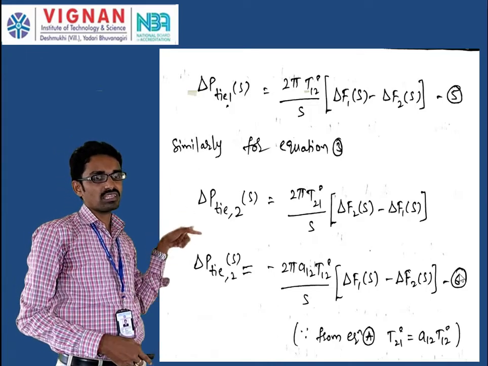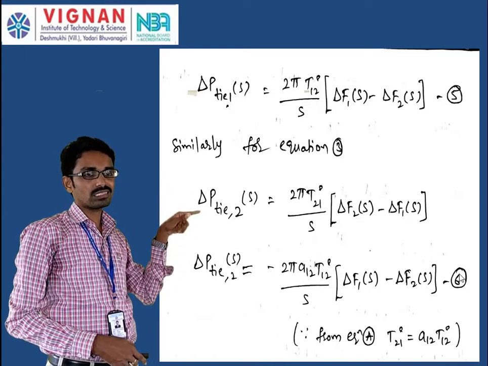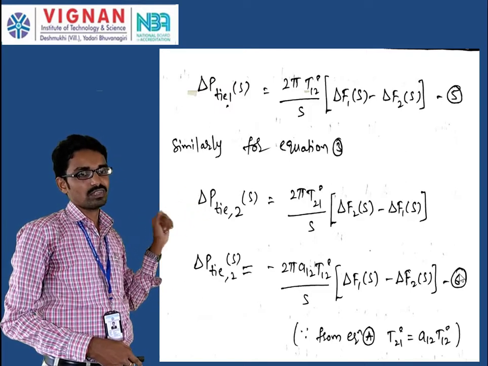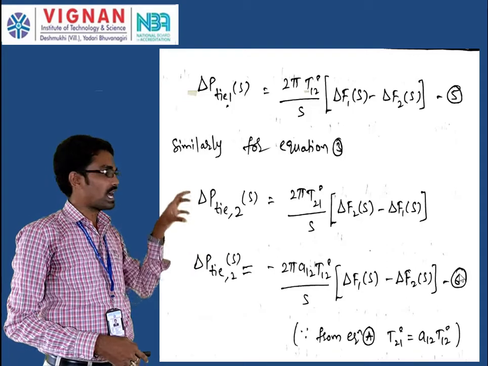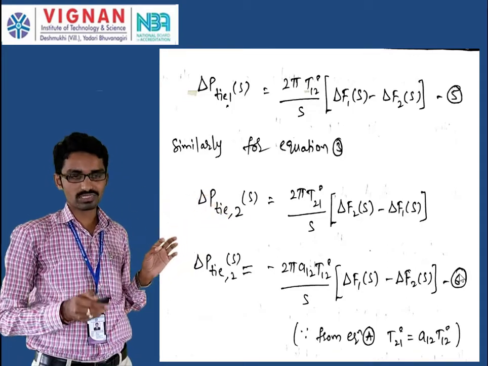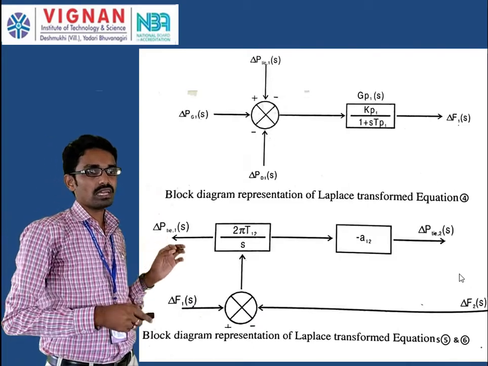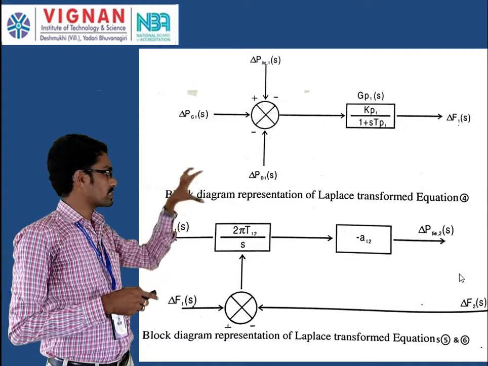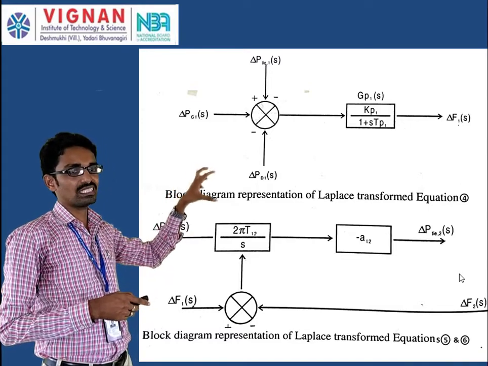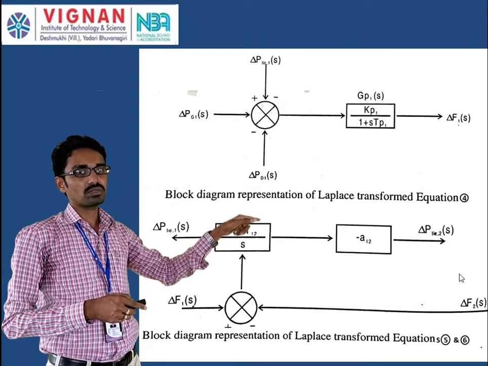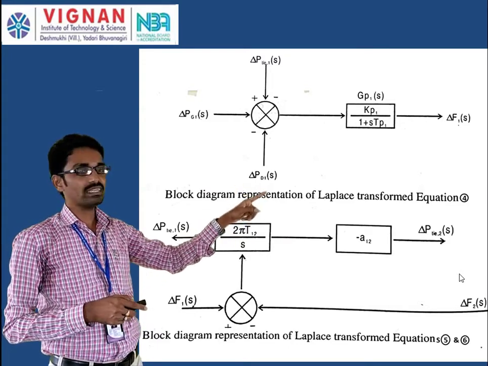These are the inputs, and the transfer function is 2 pi a12 T120 by s. The output is delta F1 of s minus delta F2 of s, the transfer function is 2 pi T12 by s, with a minus a12 and delta P tie2 of s.